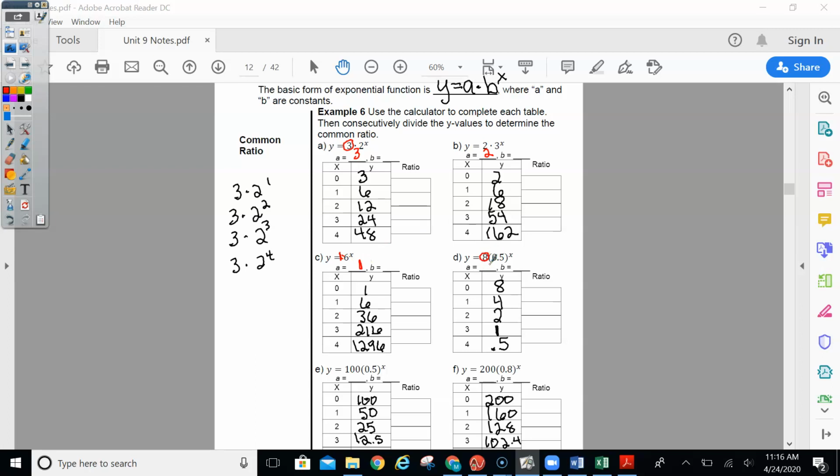Here A is 8. Here it's 100. And here it's 200. Okay, and then all the B's are your bases. So B here is 2, 3, 6 is the base, 0.5 is the base, 0.5 here, and 0.8.